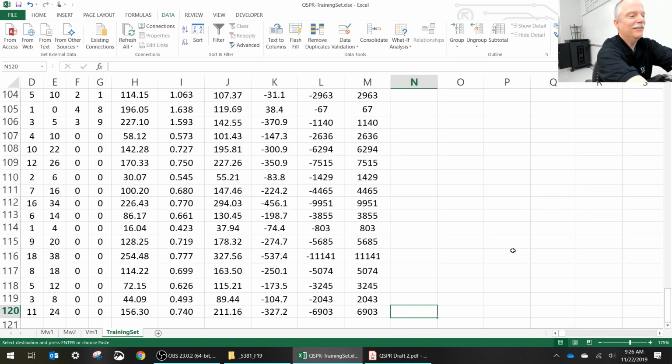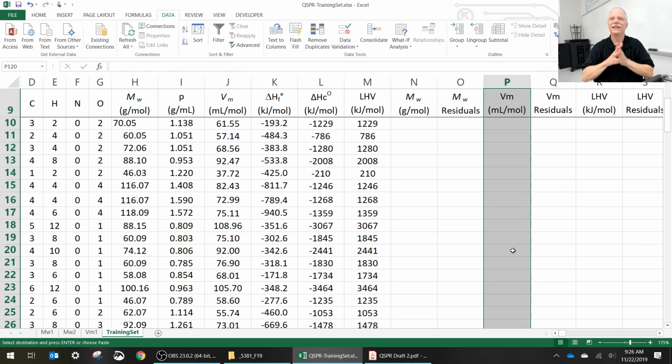And I go right, 1, 2, 3, and then Control Shift up. But I don't want to use that molar volume line, so I'm going to go down one arrow with the Shift. Okay, so now I've got the data column I collected. That's an unnecessary trick, but I use it.